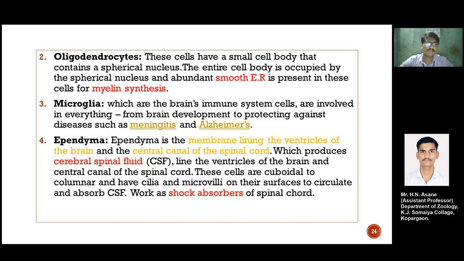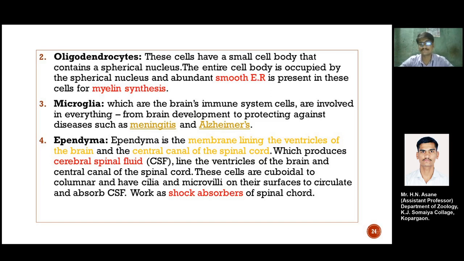The third main type of glial cells is the microglia, which are the brain's immune system cells. Simply, these are the special immune system of the brain, and they are involved in everything from brain development to protecting against diseases.